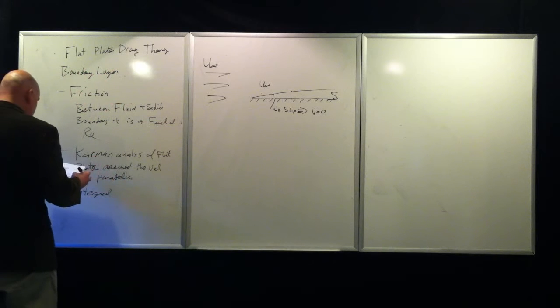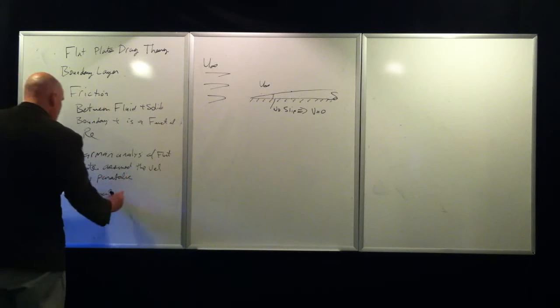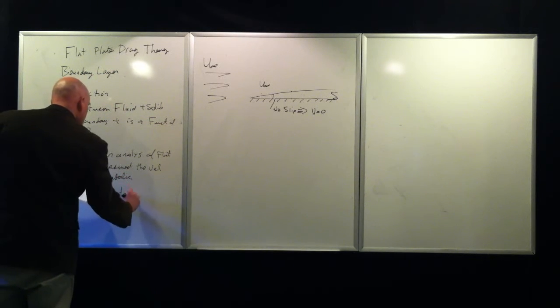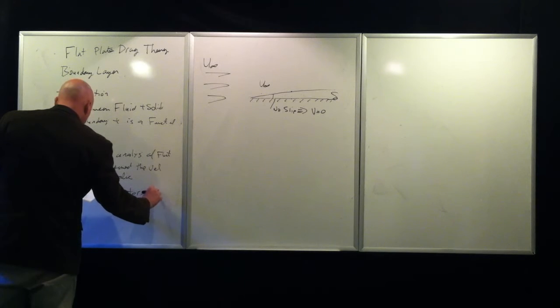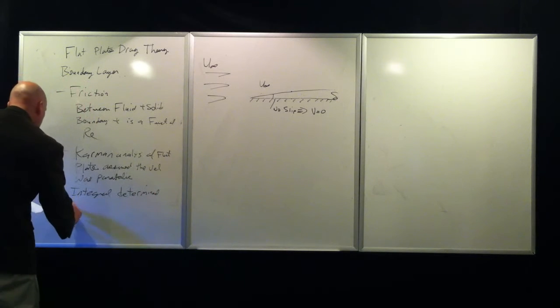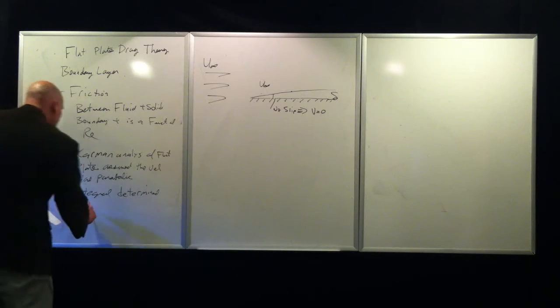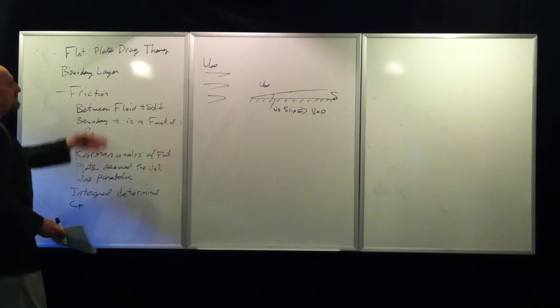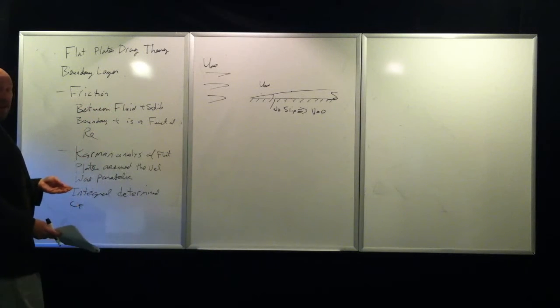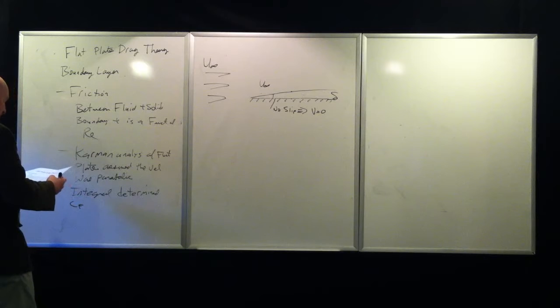So used integral methods and determined a coefficient of friction, and it was within 10% greater than the exact solution. So this first attempt was able to come up with a fairly accurate way of representing a local coefficient of friction.